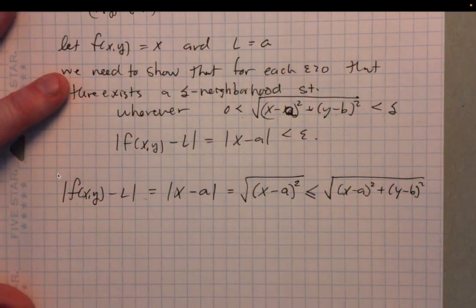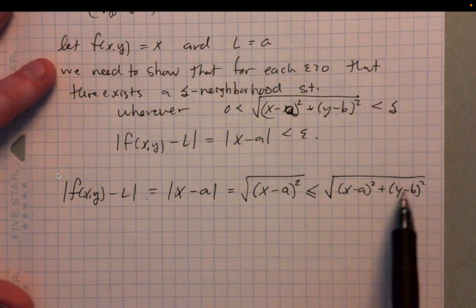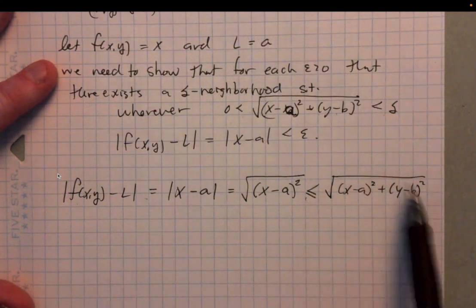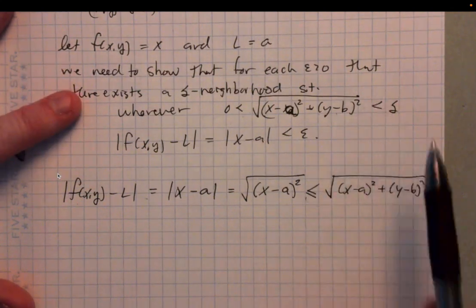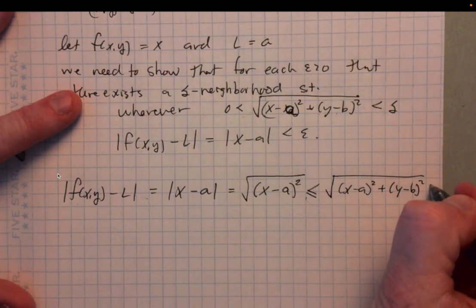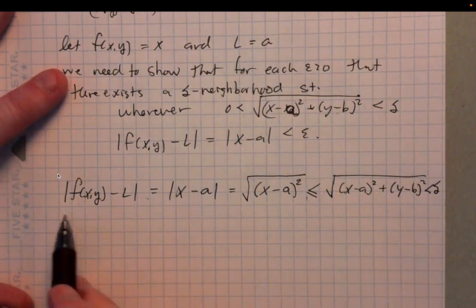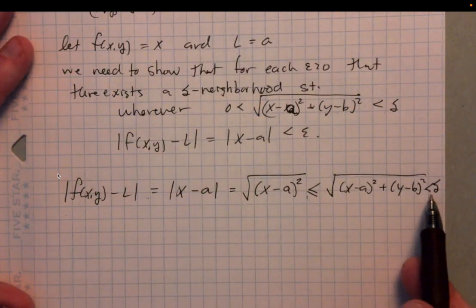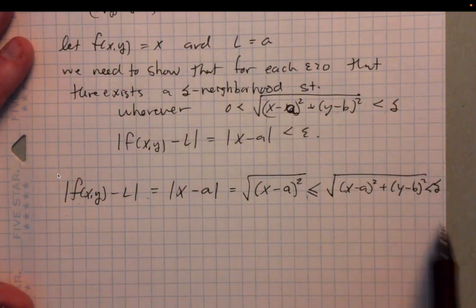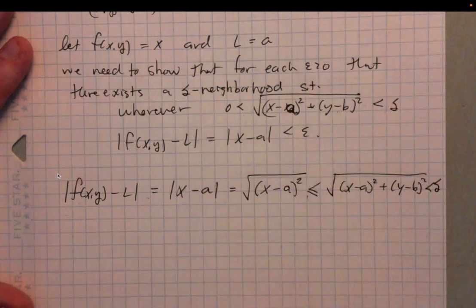And then what we need to do is get this thing to be within delta. So we know that this is going to be less than delta, and this expression tells us that we can set our delta directly equal to epsilon.